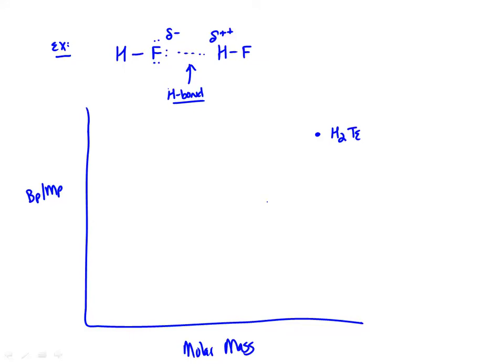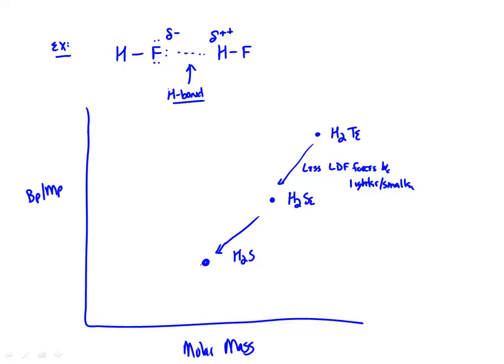As we go to a smaller molecule, for instance H2Se, the boiling point and melting point decreases. The idea is that there's less London dispersion forces because it's lighter and smaller. Then if we continue that trend, we get H2S.